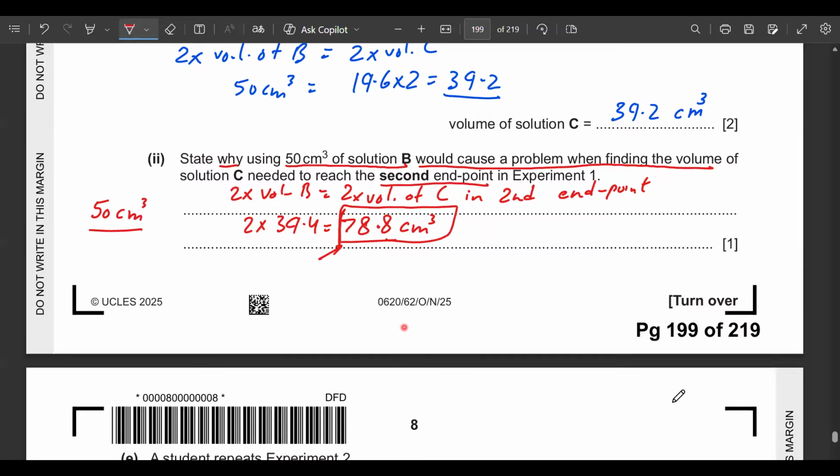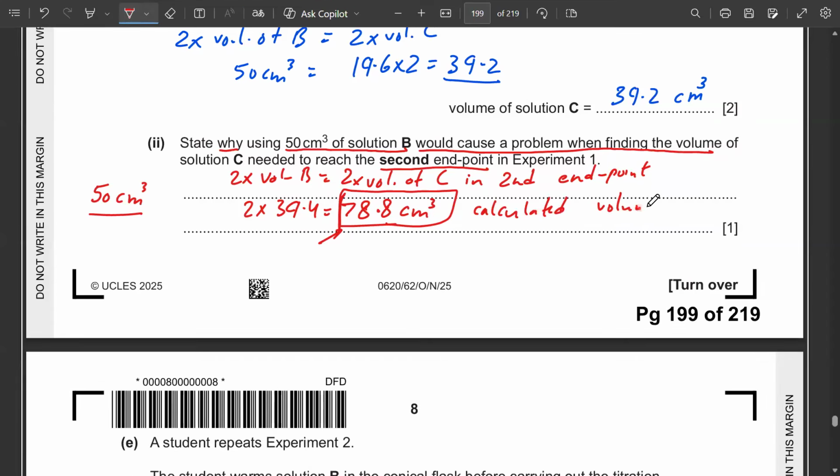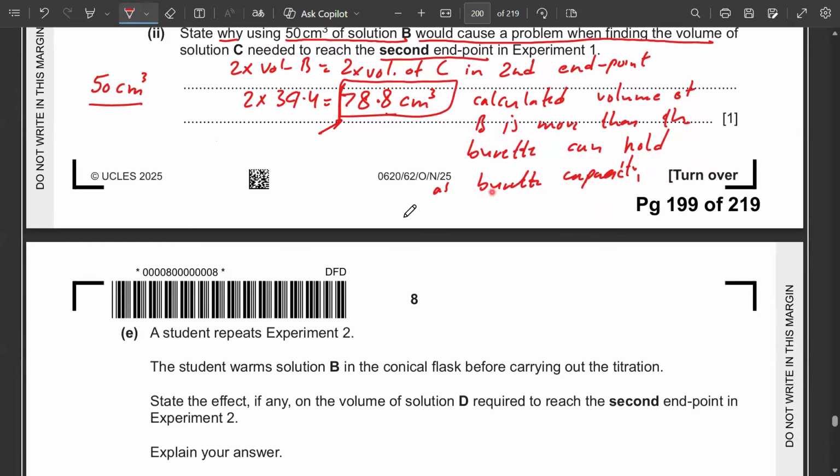So we would say the calculated volume of B is more than the Burette can hold, since the Burette capacity is 50 cm cube. I hope it's clear.